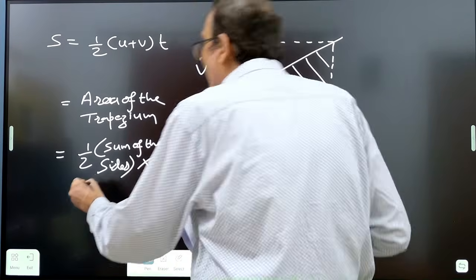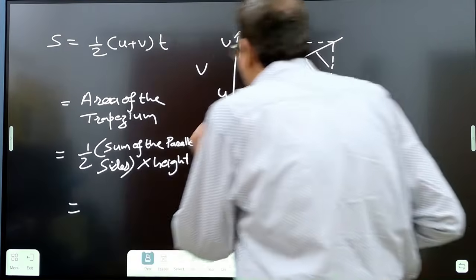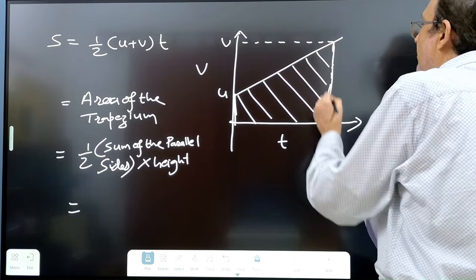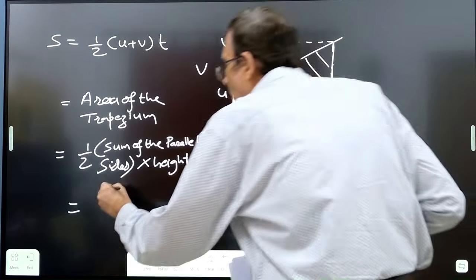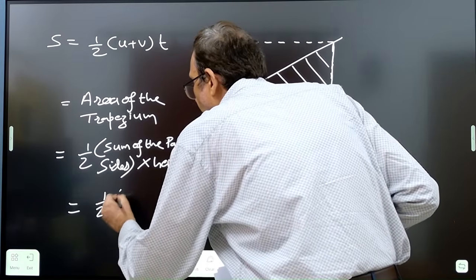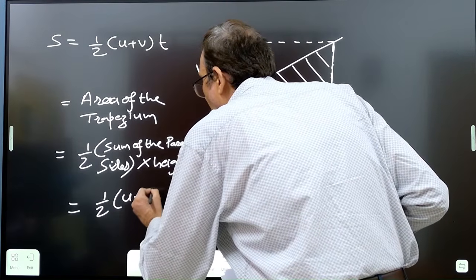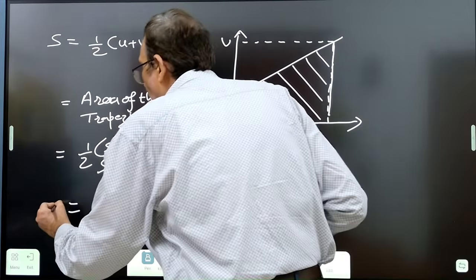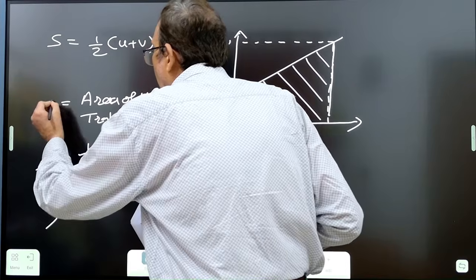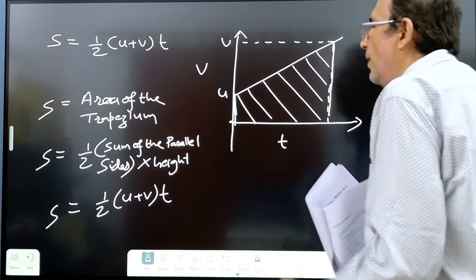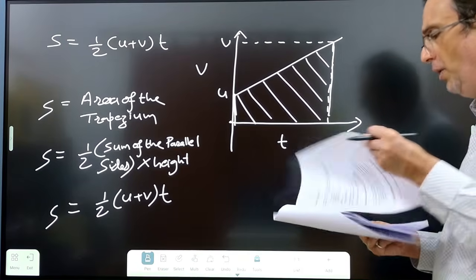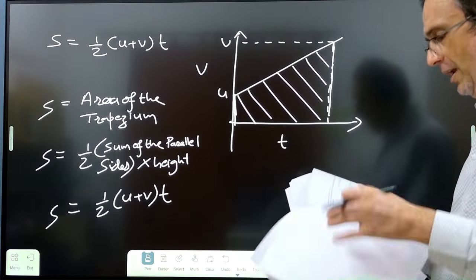So the sum of the parallel sides is basically u plus v. You have u here, which is one parallel side, and v the other parallel side. So half (u plus v) into t. So you get this equation here: S is equal to half (u plus v) into t.